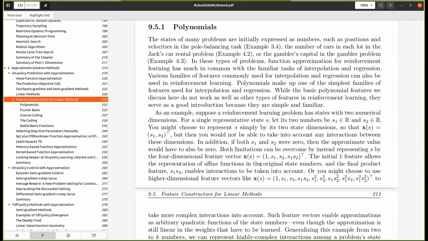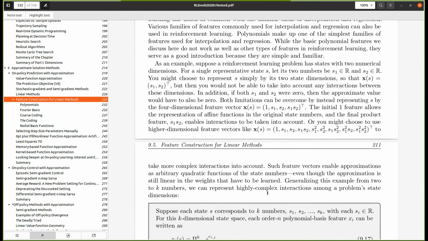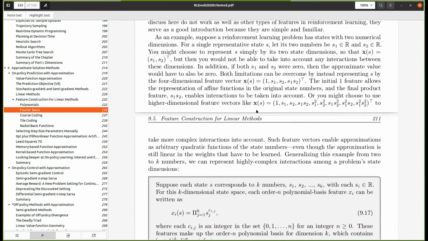But that's just how you define it, and here they defined it in this way. So the second degree polynomial for these two states will include all the possible combinations of S1 and S2 with power of up to 2.